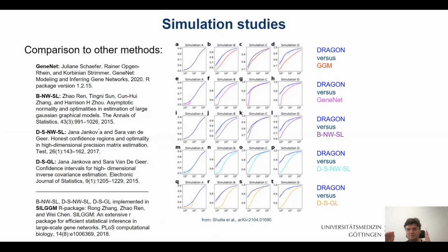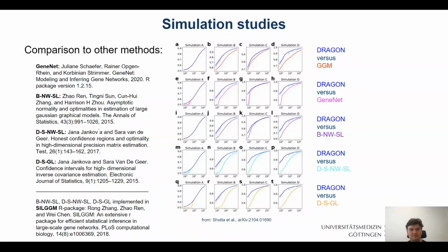The first row is what I just showed to you, the comparison to what we could call one-layer DRAGON, here in red, GGM, and then the second to fifth rows are the competing methods. There we see a very similar pattern for each of the comparisons: DRAGON, by explicitly taking into account this multi-omics aspect, is able to improve the network inference substantially.